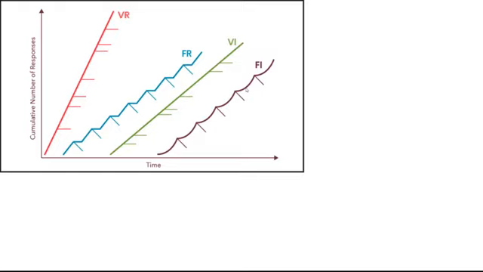So they know that once they've gotten food, the next press is not going to have food, nor is the one after. So we see after each tick kind of like a plateau, that little step pattern, where they stop responding for a little while. It's because as soon as they get food, they know for sure they won't get food the next time. So we see this pretty nice step pattern where they're going to wait for a while before they start responding again, because they don't want to keep responding if they know they're not going to get food.